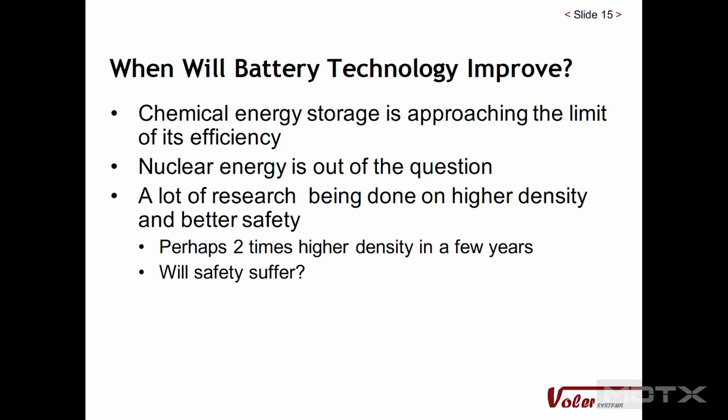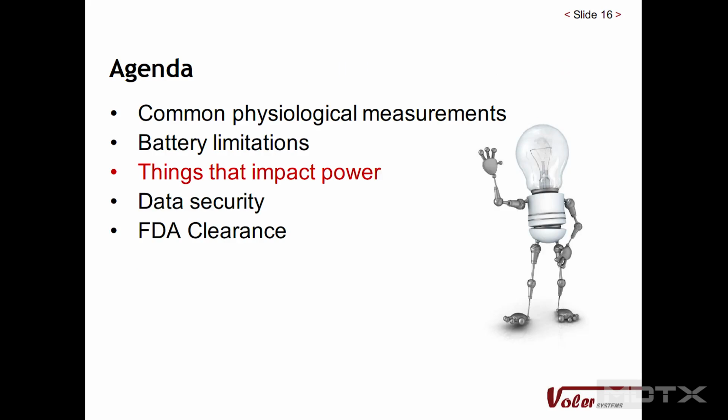Nuclear energy is another option, but I don't think we'll see that on wearable devices. So I think that we may see improvements of a factor of 2 in several years. There's a lot of activity going on to improve batteries, but it's not going to be dramatic. So let's talk about what we do because we don't have improved batteries.